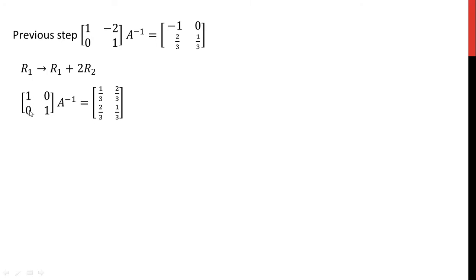Okay, so if you perform this, then the first row becomes 1 0, and 0 1 as the second row, into A inverse is equal to, now see carefully in this row, this is minus 1 plus 2 times R2, minus 1 plus 2 into 2 by 3 means 4 by 3, so minus 1 plus 4 by 3 gives 1 by 3.